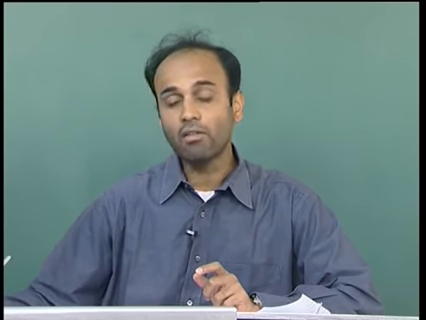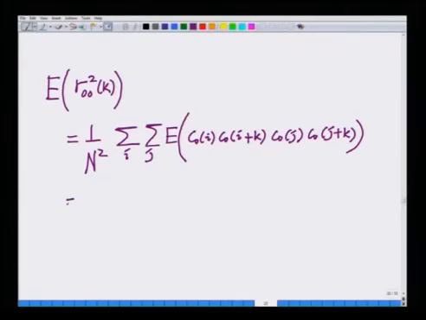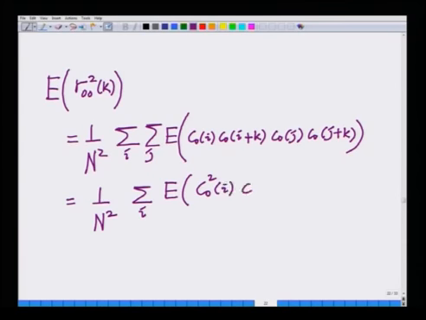However, if i equals j, that is the only term that survives, that will become 1 over n square sigma i expected of C 0 square i C 0 square of i plus k when i equals j. So, when i is not equal to j, all such terms will become 0.